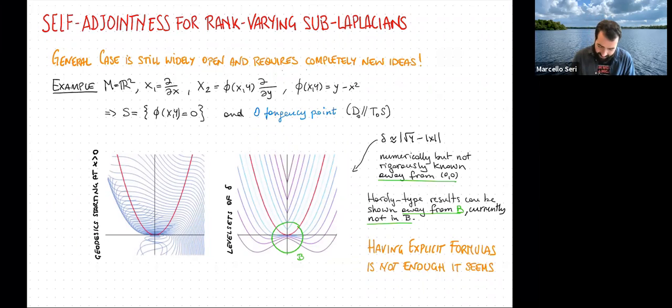We can't get Weyl type results here. Everything we tried fails here. We try to shrink the ball, take limiting approaches, look from inside, look from outside. I wish I would be able to prove that this thing is essentially self-adjoint. Everything makes me think that it should be, but that point there is really nasty.